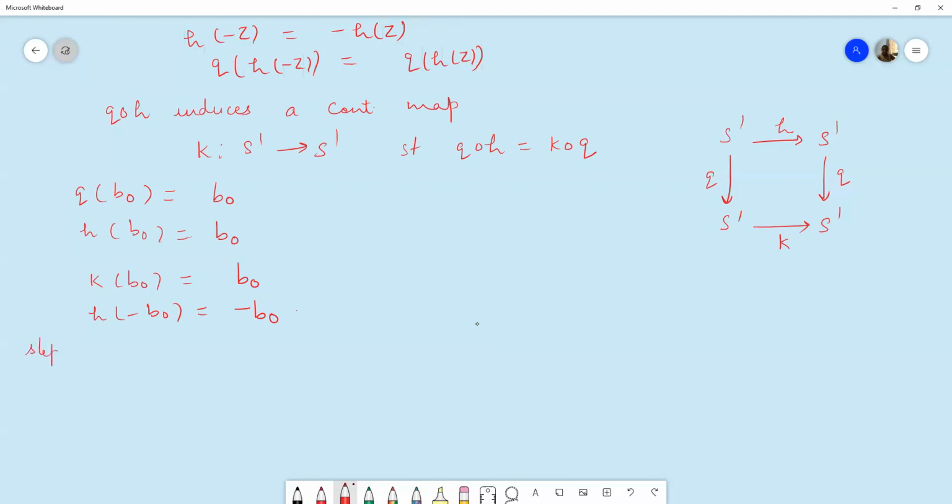Now we come to the second step. In this step, we will prove that the homomorphism K star, which is induced by this mapping K, is non-trivial. So we will prove here that the mapping K star, which is actually a homomorphism from the fundamental group of S1 to itself, is non-trivial.